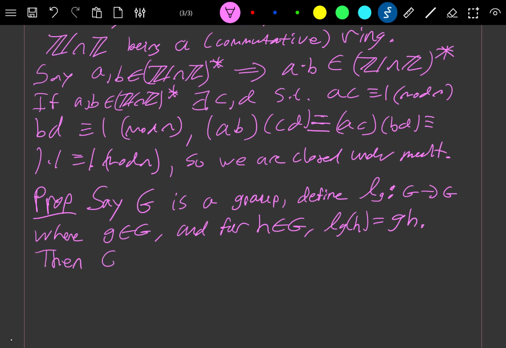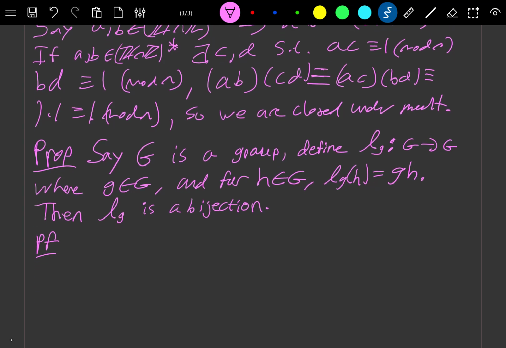Then I'm going to say that this function L sub g is a bijection. So let's prove this. To show a function is a bijection, it suffices to show it has an inverse.